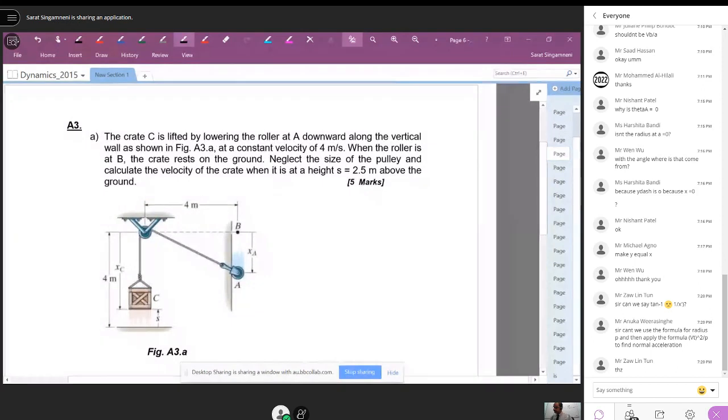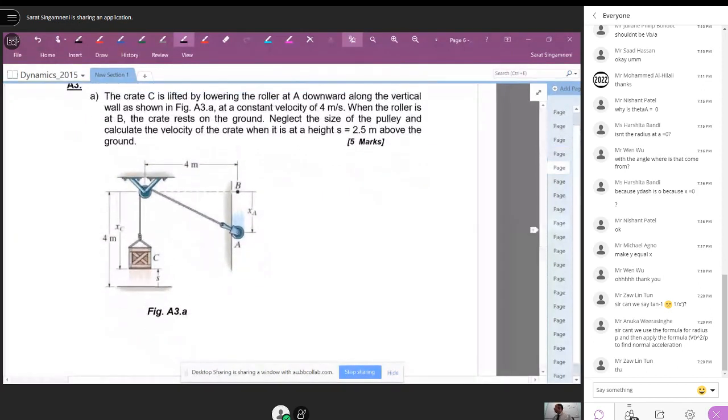I solved this problem somewhere in the class. In all these problems, you need to write the expression for the total length of the rope. So the length of the rope here is, see, this part of the length is root of xa squared plus 4 squared, plus this is the remaining part.